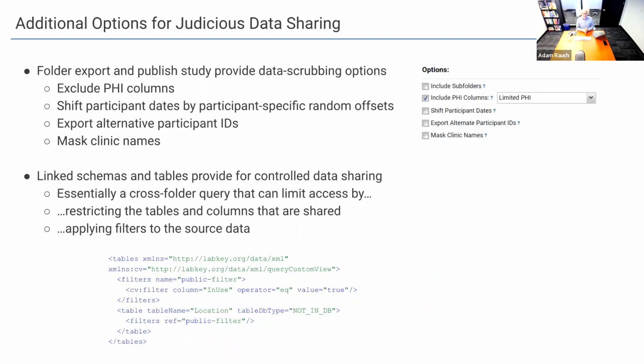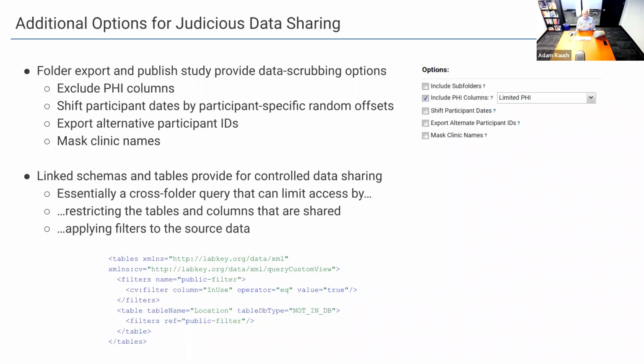One example of the use of these facilities is publishing a study. For instance, the Immune Tolerance Network runs a large number of clinical trials, and they make the study data available to the public.